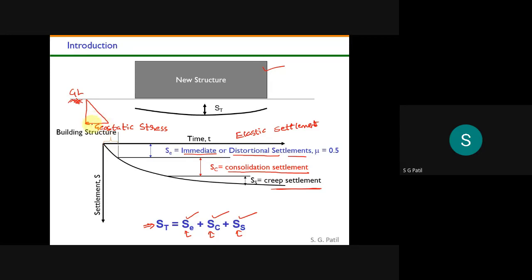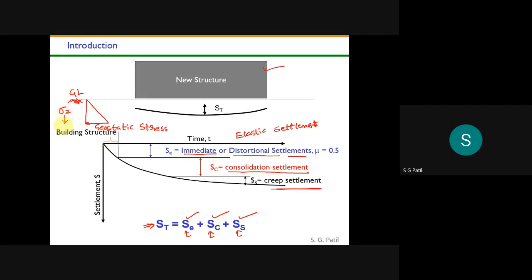I'm talking only about the vertical stresses, that is sigma z. There will be horizontal stresses also, but those are more important for other kinds of structures. Those things we will discuss in our third unit, where we will discuss retaining walls. There comes your horizontal stress. For the time being, we are discussing only the vertical stress.